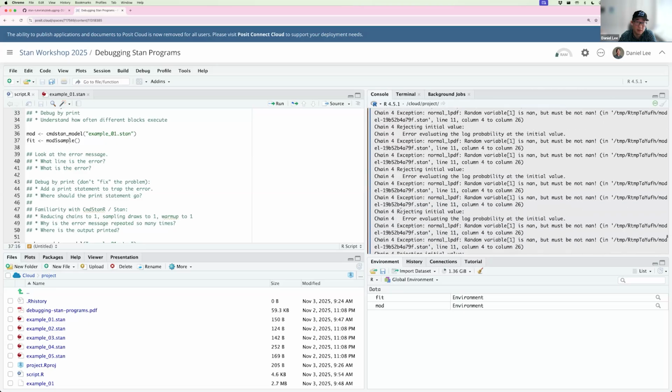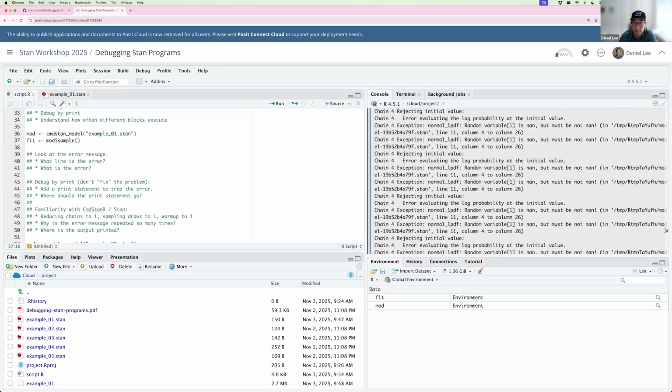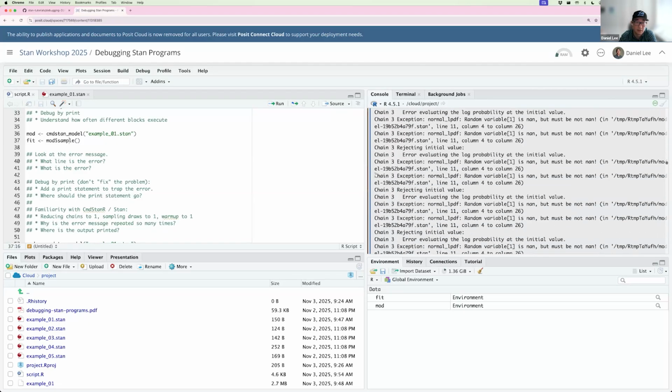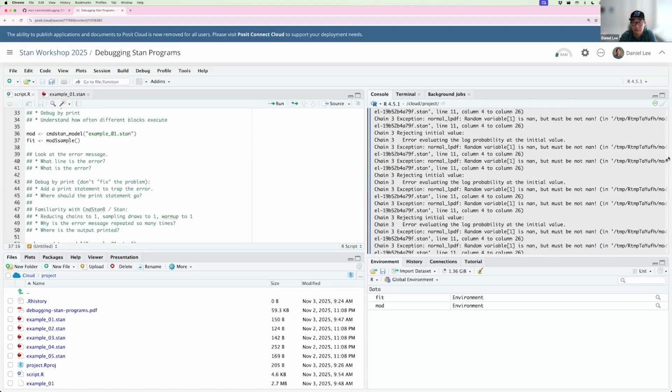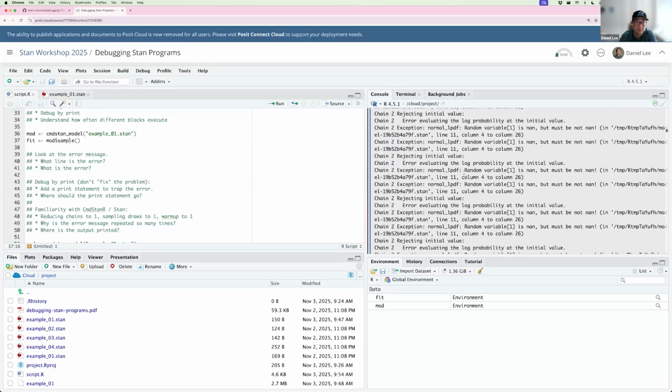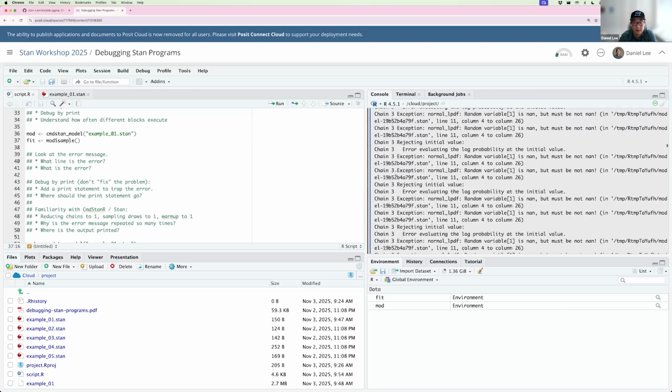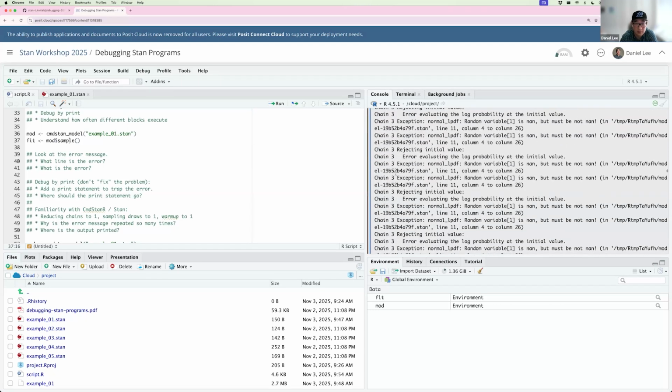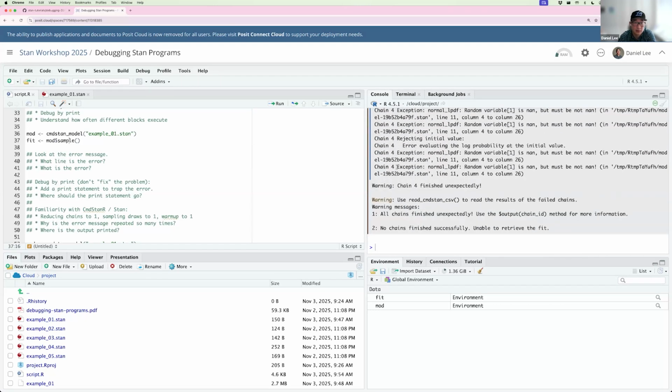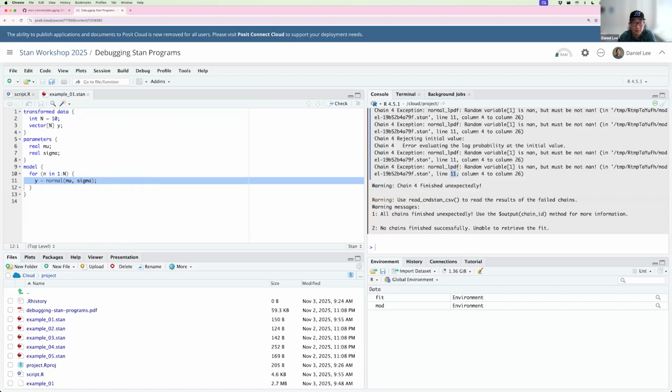If you look up here, you'll see that this should have repeated for chain 3, and same for chain 2 and chain 1. The error here is that there's an exception. Normal LPDF on line 11 is failing. So here, line 11.